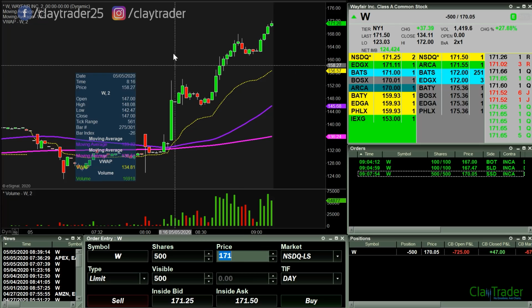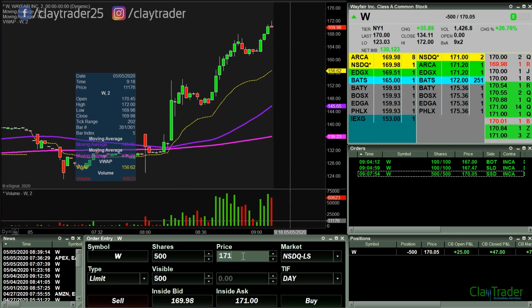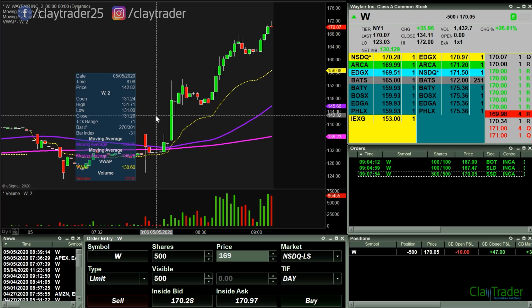I'm liking this candle that's taking shape over here. So let's see if we can get some downwards pressure to show up.